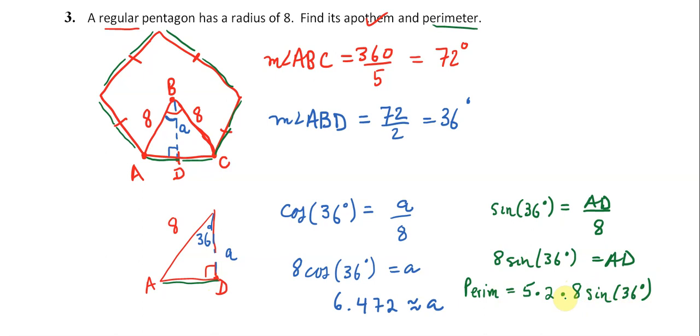So putting all that into a calculator, we end up with approximately 47.023.